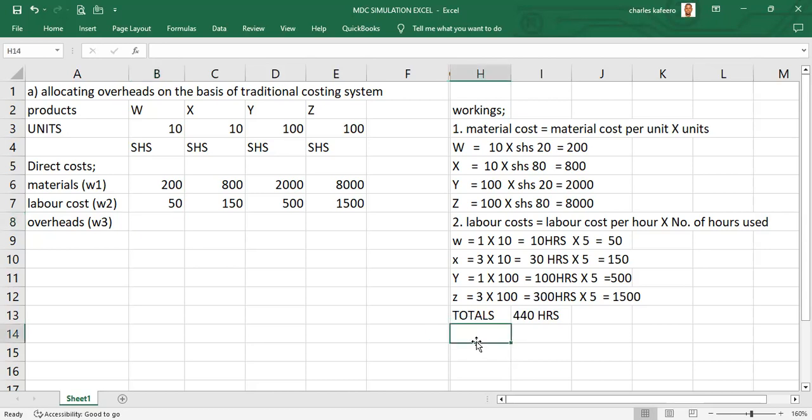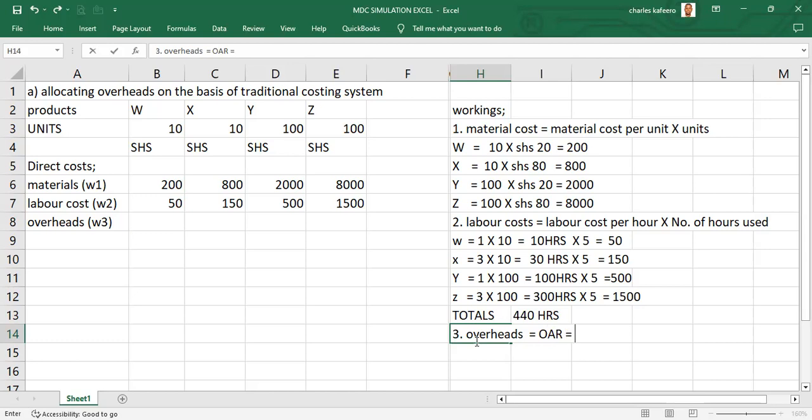So for us to be able to get these overheads, go to the working three. Working three is going to be about the overheads. And we said these overheads, we use OAR, overhead absorption rate.